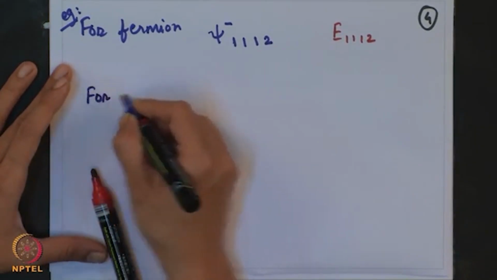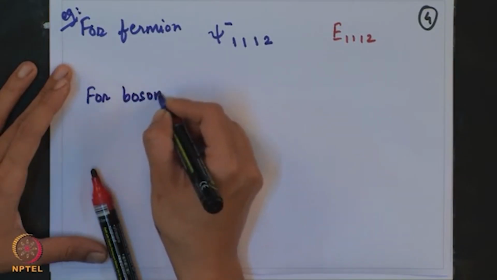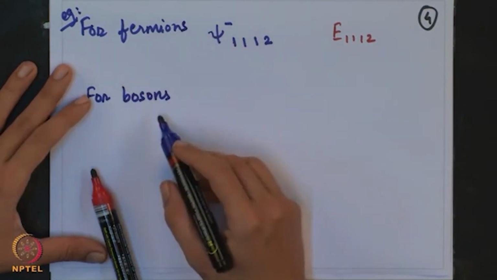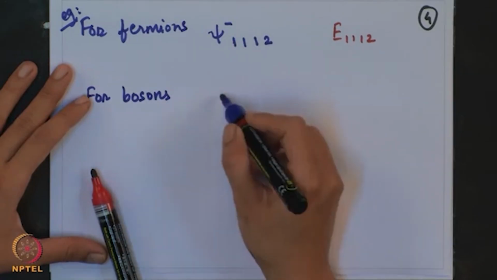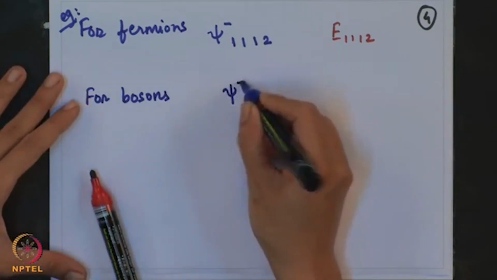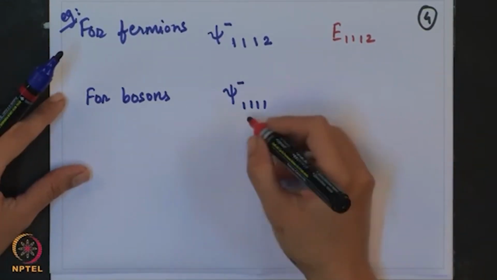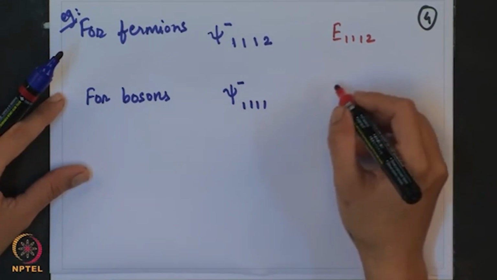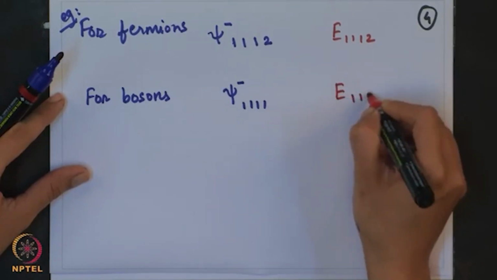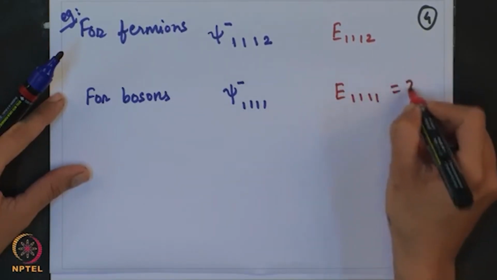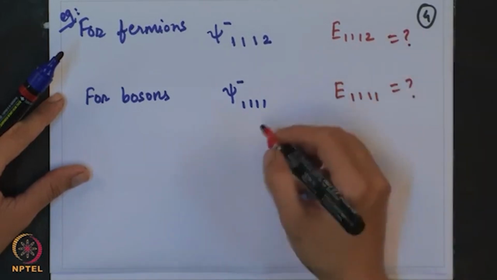And you can take one more example for bosons. If the composite system is of two bosons, then let me take the same quantum numbers. What will this be? Just try this.